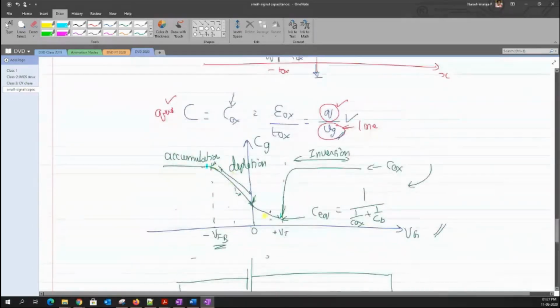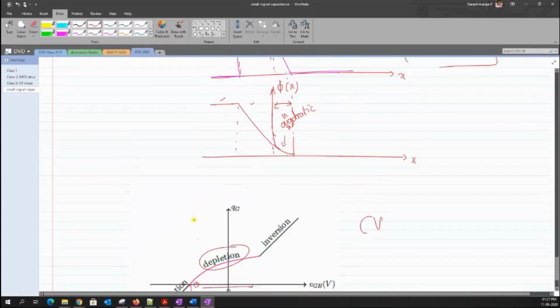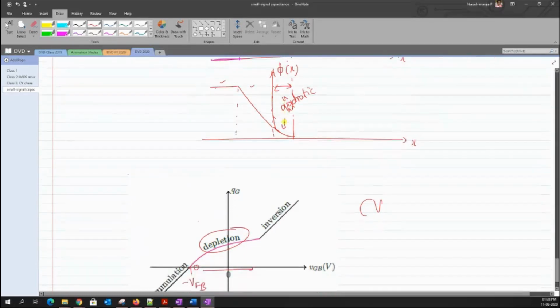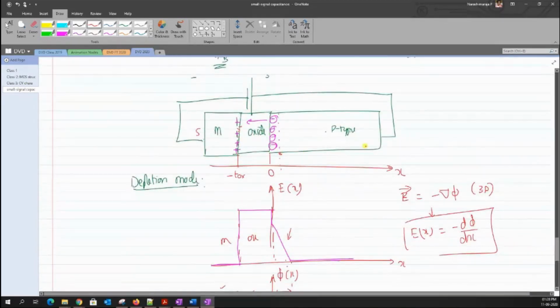It appears something like this. So this graph and this graph are trying to tell the same thing, okay. Just because in the depletion region, the potential profile is basically quadratic, and due to which we have this kind of relation. And when we move away, what happens is that the potential is basically equal to 0, okay. So the potential from this point to this point is same, okay.